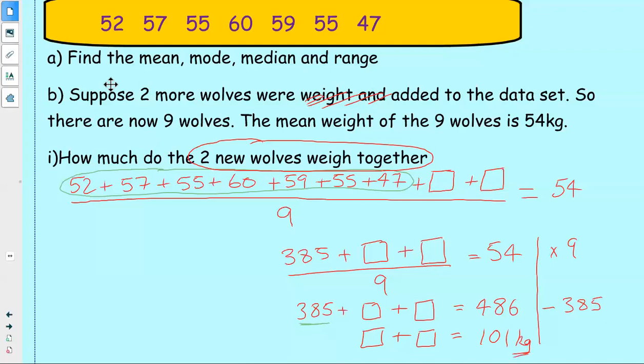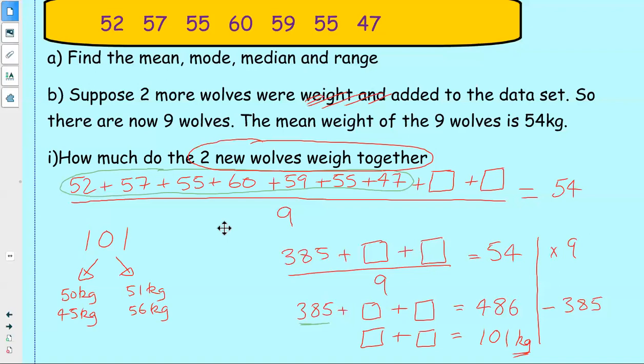That could mean that one of them is 50 kilograms, which means the other one's 51, or one of them's 45 kilograms, which means the other one is 56, and so on. There could be numerous answers there, as long as they add together to get 101, and it makes sense with all the other data in the data set.